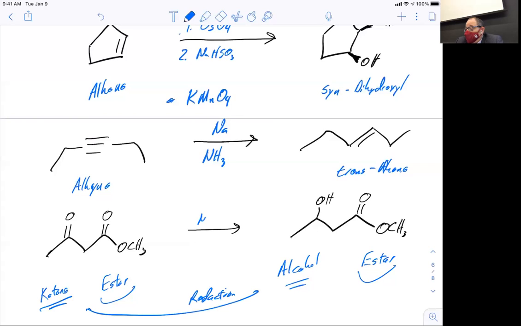Well, it turns out that sodium borohydride will react with aldehydes and ketones, but does not react with esters. It does react with acids, but not in the way that you would want it to. You put an acid and sodium borohydride together and it just forms hydrogen gas.